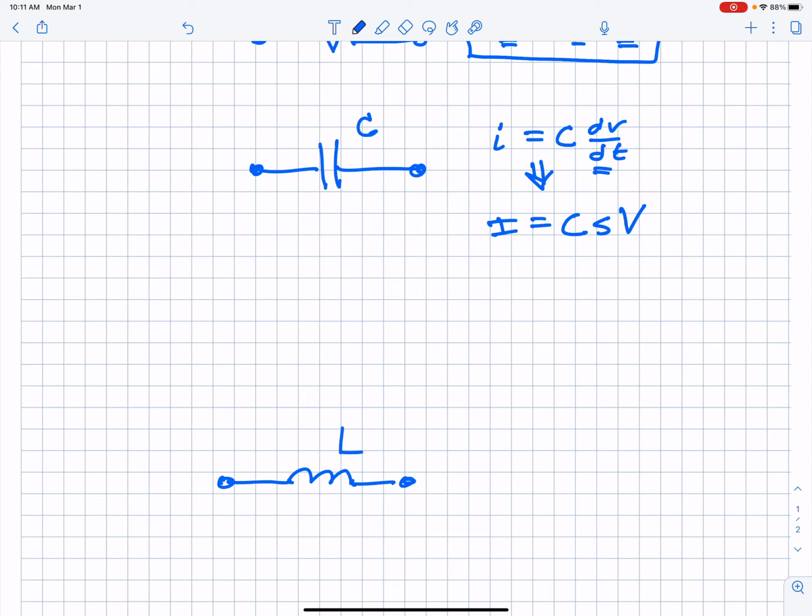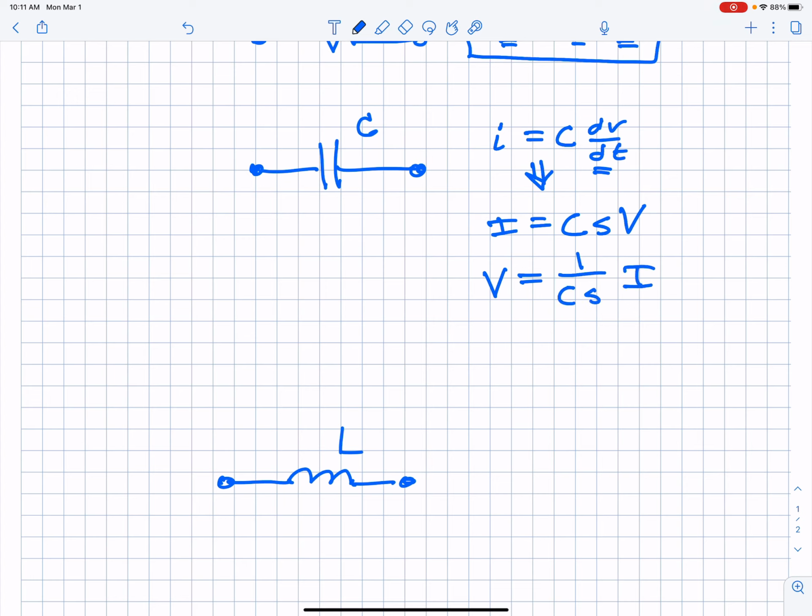Okay, so I can rearrange this. I can move the V to one side, and what I would get is that V is equal to 1 over CS times I.